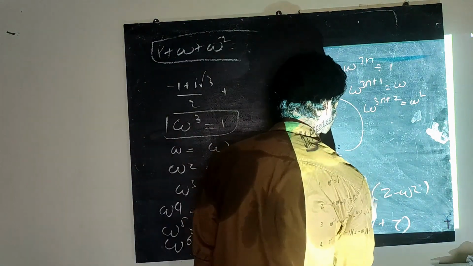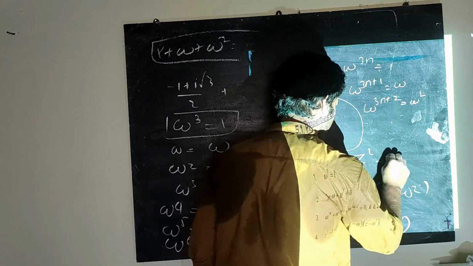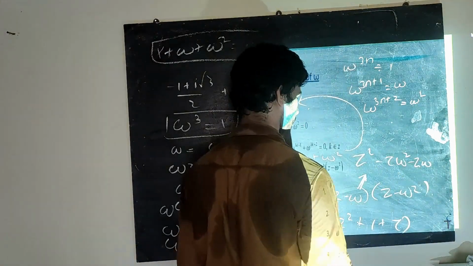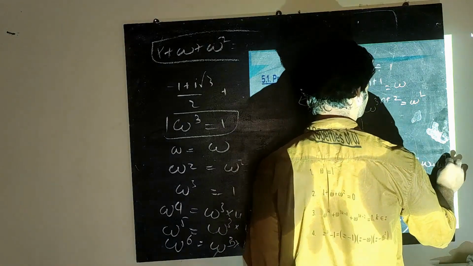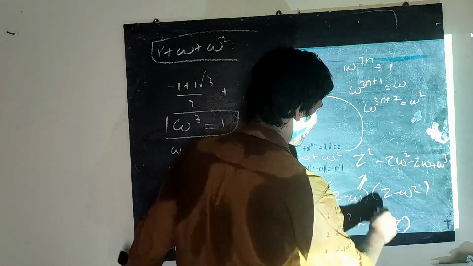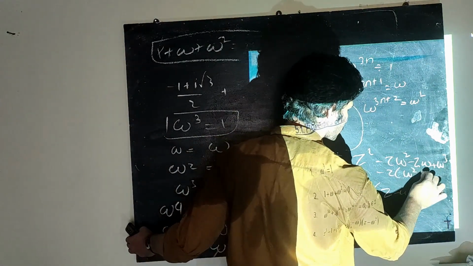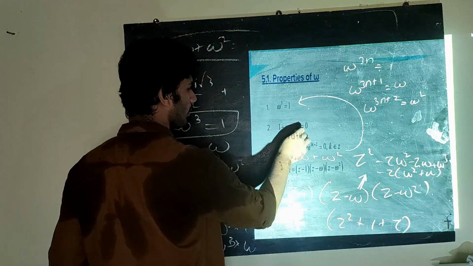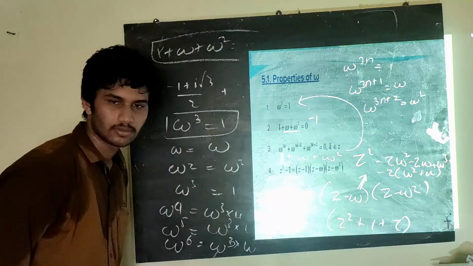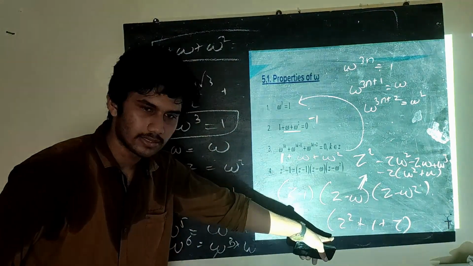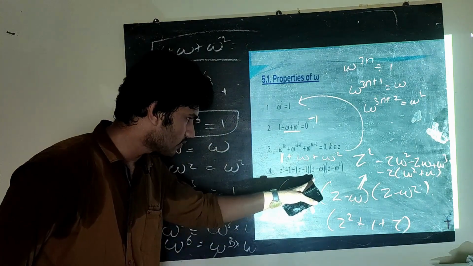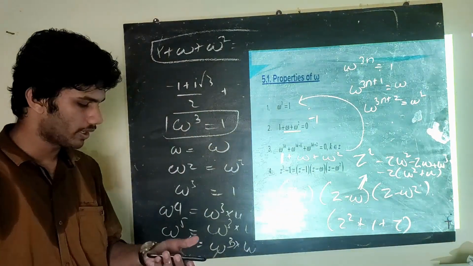I'll just expand that for you. Z square minus z omega, and this is plus omega cube. Omega cube is 1. Take minus z outside, becomes omega square plus omega. What is omega square plus omega? It's simply minus 1. So you get back this z square plus 1 plus z. And so it can be written as z minus 1 into z minus omega into z minus omega square.